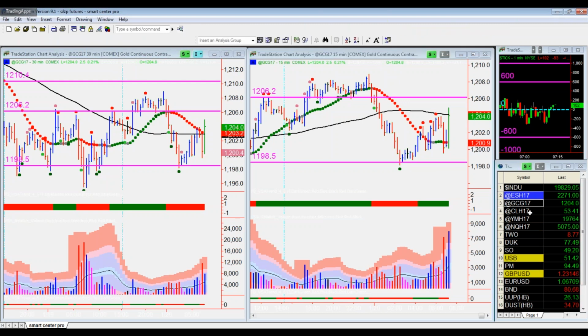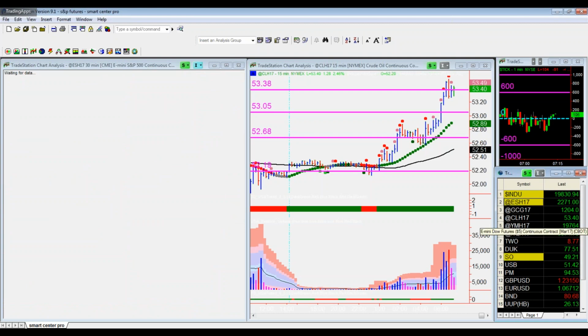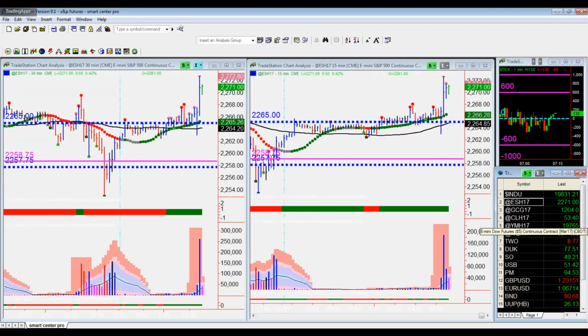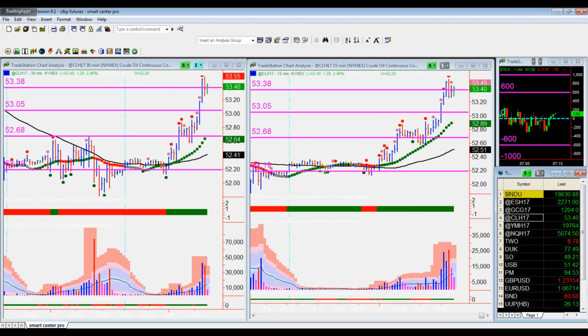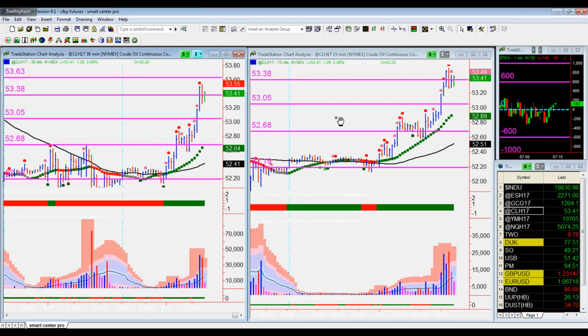Somebody was asking about crude light. Crude light looks bullish at the moment, and the reason being the S&Ps are up. As you see, it's pushing higher here. In the Dow and in crude light, intraday wise, they like to run together.